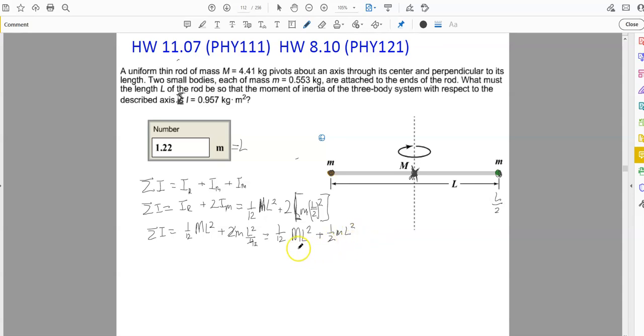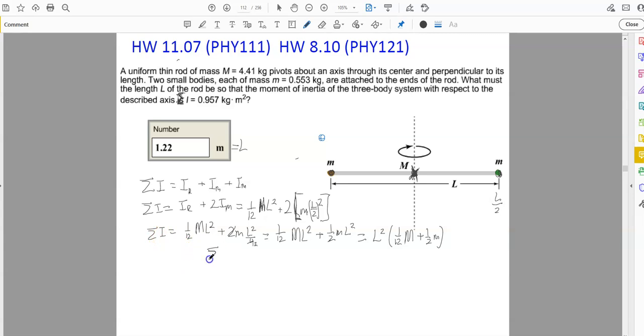Okay. All right, here we go. Let's pull out some variables, right? Let's do this. I'm going to pull out an L squared, and I get 1/12 capital M plus 1/2 lowercase m. And that is going to be equal to our moment of inertia.